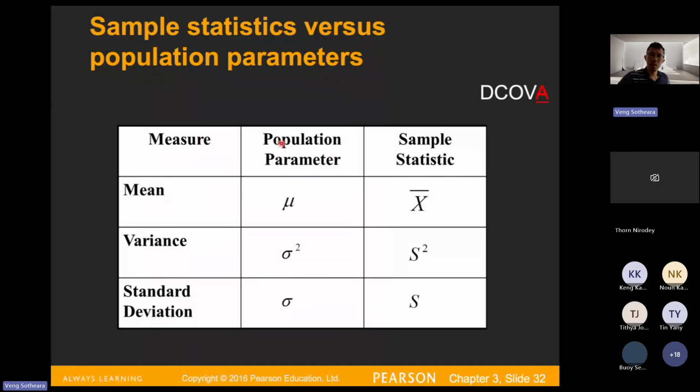So in practice, the population parameters are all unknown and need to be estimated. All unknown, but you want to know. Okay? And the way to estimate it is to use the same version. X bar is used to estimate mu, and S is used to estimate sigma.